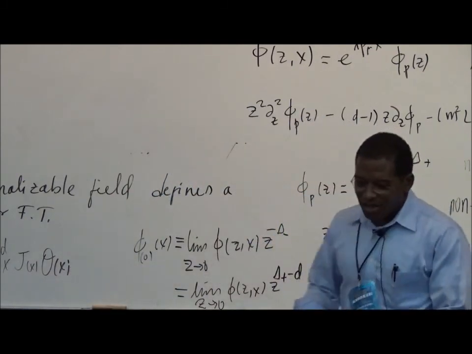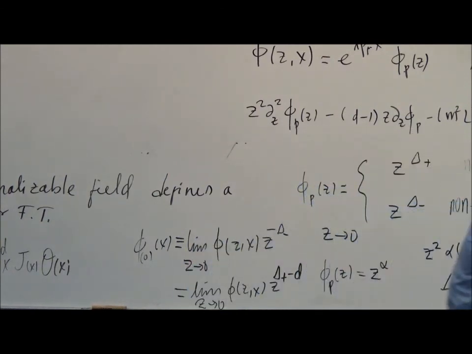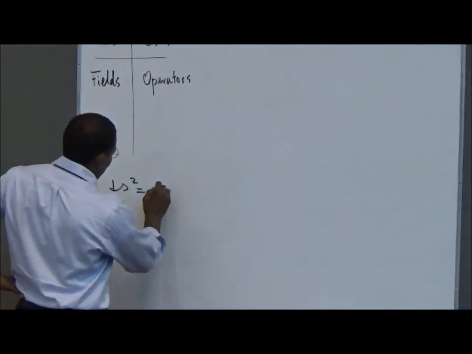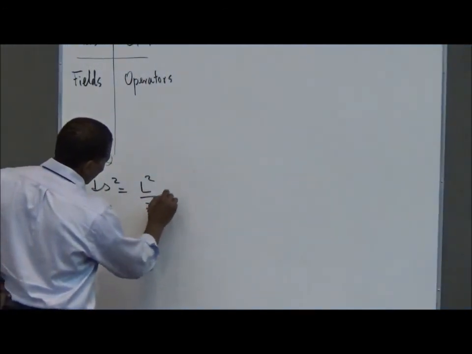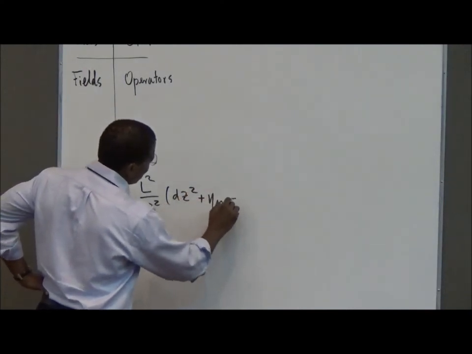So I had the metric. Let me do it right here quickly. The way that I wrote the metric, and that I will probably write all the time, was like this.